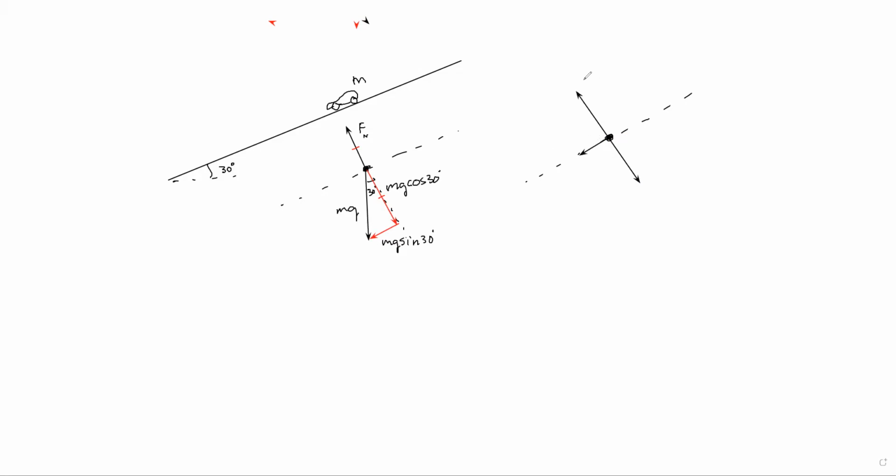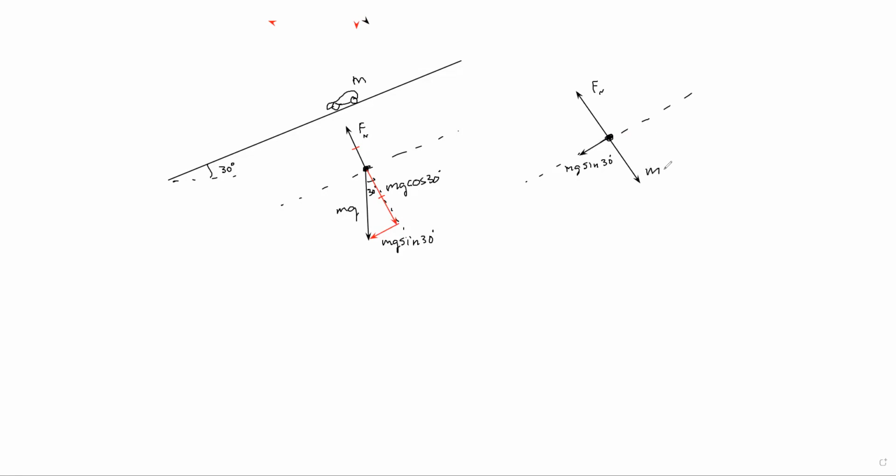Let's go ahead, and this is normal force. This right here is going to be mg times the sine of 30 degrees. That corresponds to this right here. This is the component that is parallel to the plane, which is right there.